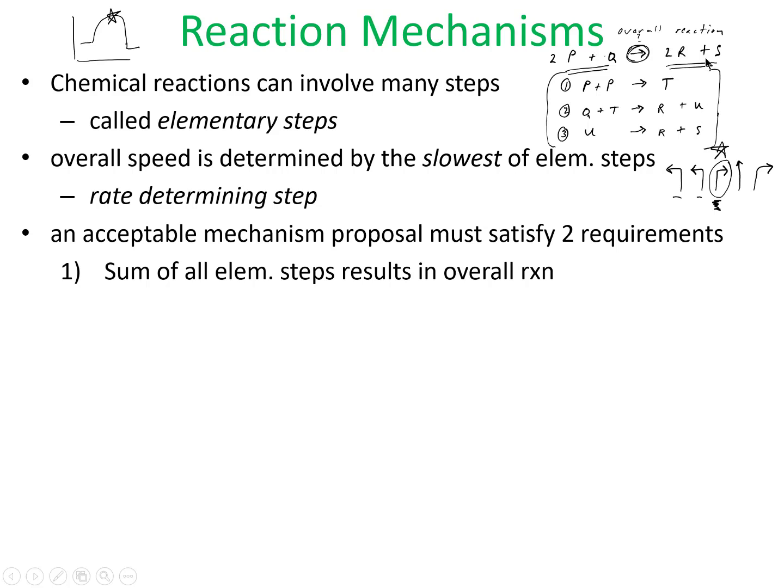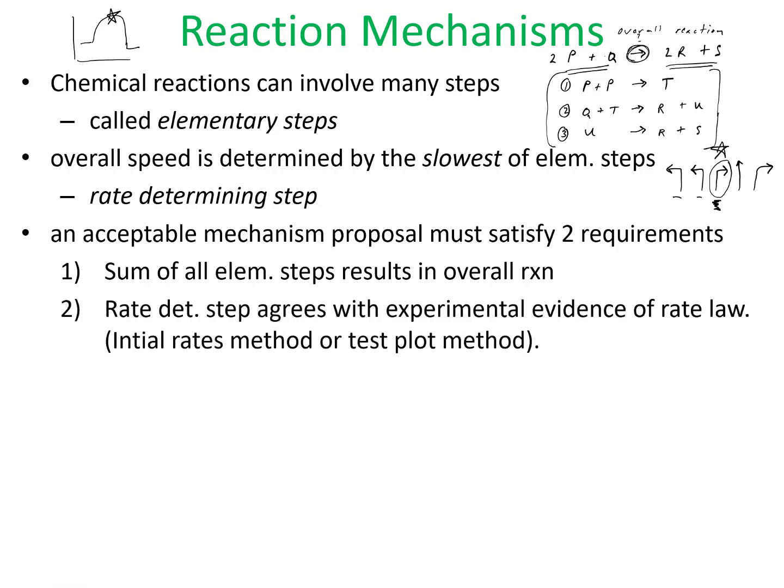U also is not part of this, so U also gets consumed. And what we have is 2P plus Q. Remember, T goes away and U goes away, and it creates 2R plus S. So this one actually works. These three elementary steps, they would result in this overall reaction. So first requirement is fulfilled.